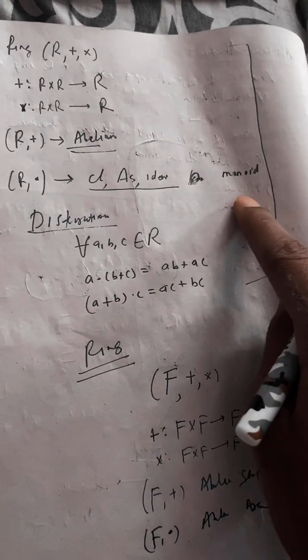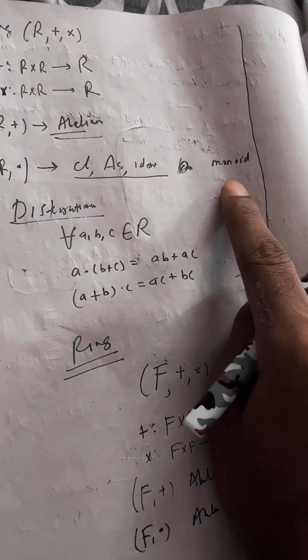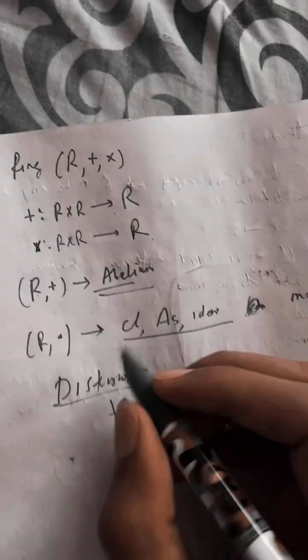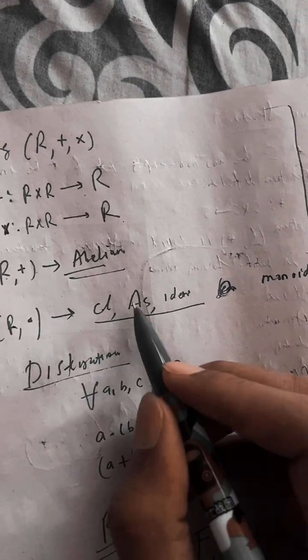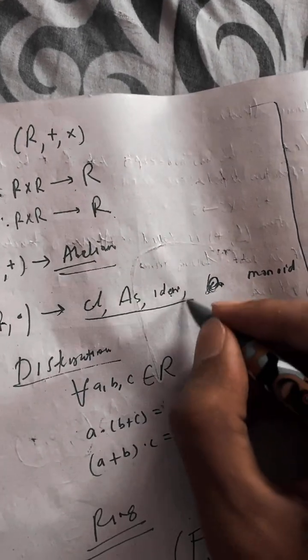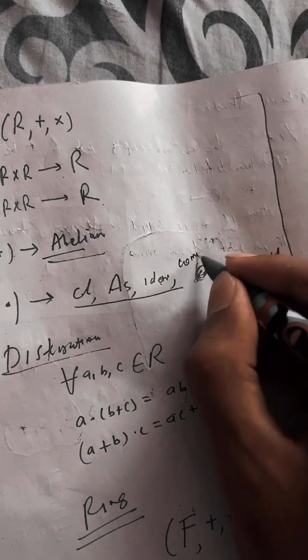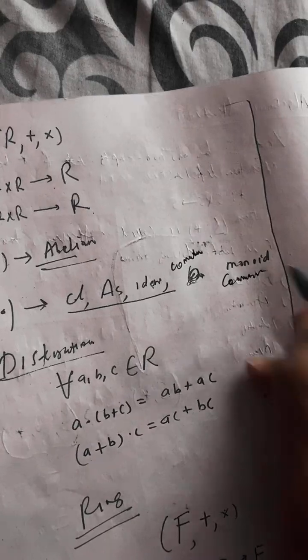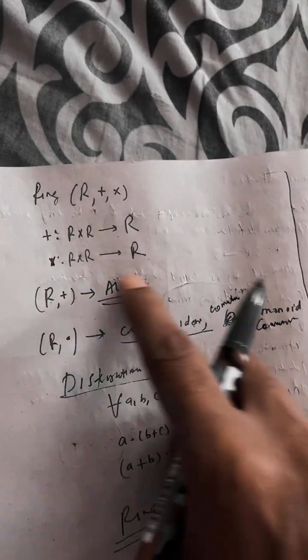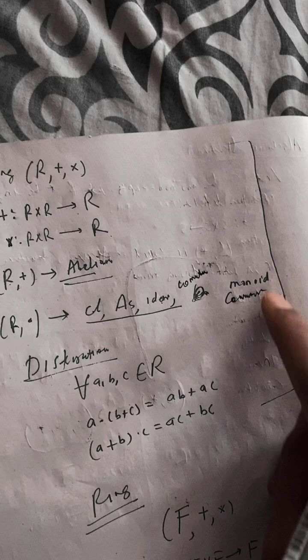Both are Abelian. In a ring, the one is Abelian, the other, well, the ring with multiplication should satisfy closure, associativity, identity, and one more property, commutativity. So it is called a commutative monoid. So here R plus is Abelian, R dot is a commutative monoid.